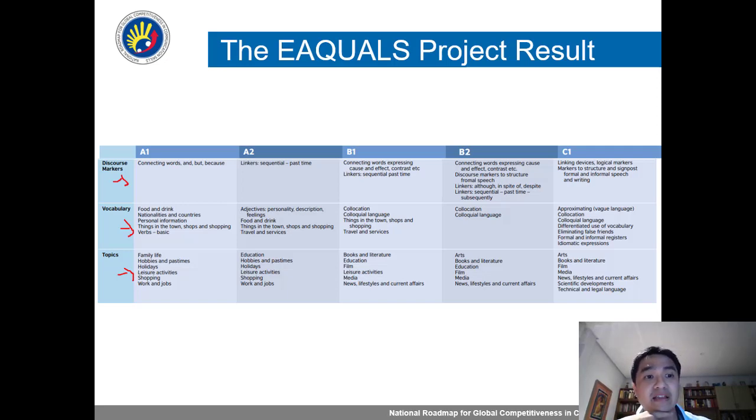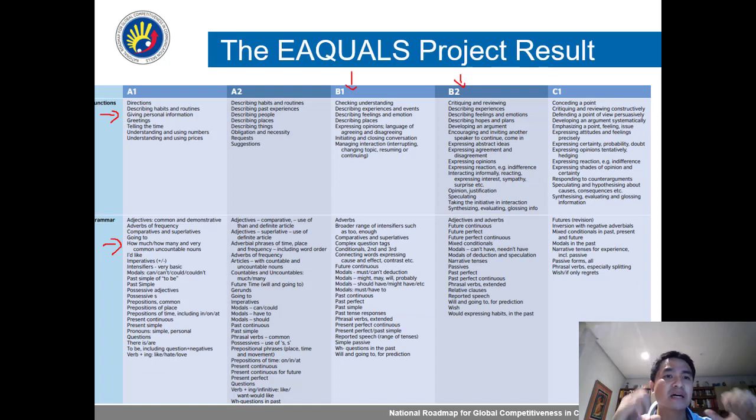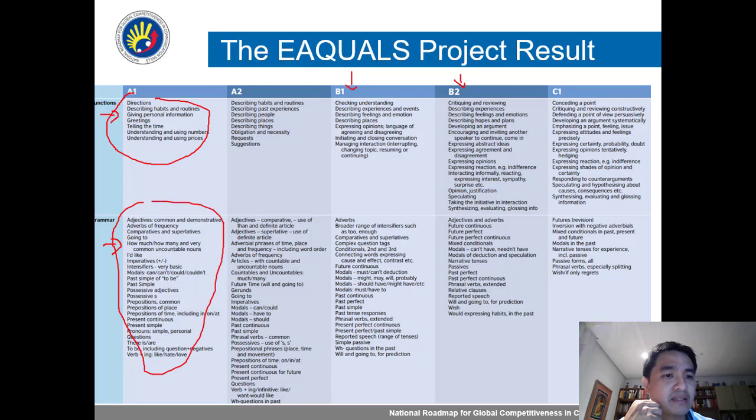Okay, so if someone is a complete beginner, what do I have to teach them? I have to teach them all of these functions and then all of these grammar pieces, etc. So this is not a prescriptive document. This is just a recommendation, made by an expert group, of what skills to teach in the English language to meet the goals of the CEFR.